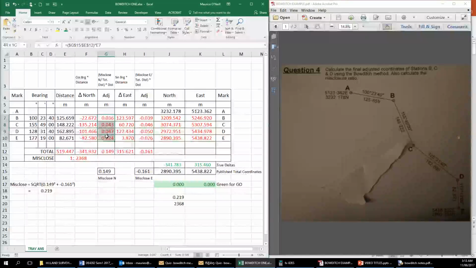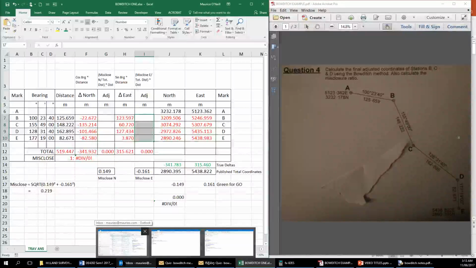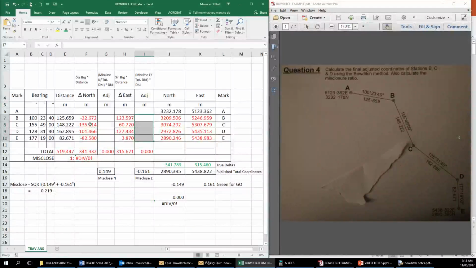So what I'm going to do is I'm just going to delete those, and I'm going to delete those there. Okay, so at this stage we don't have anything in there. We're going to work out these northings and eastings.